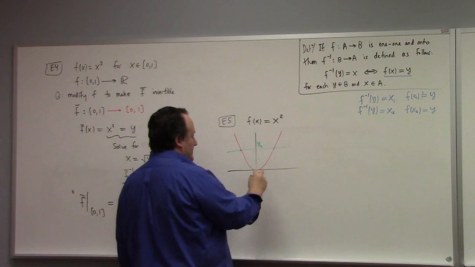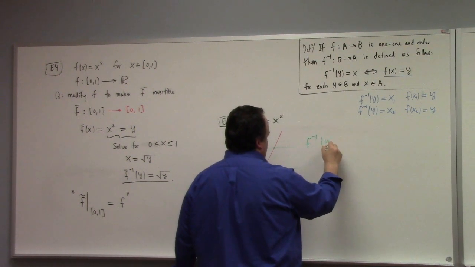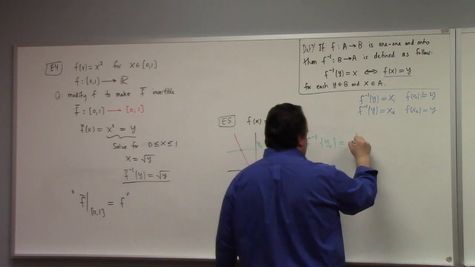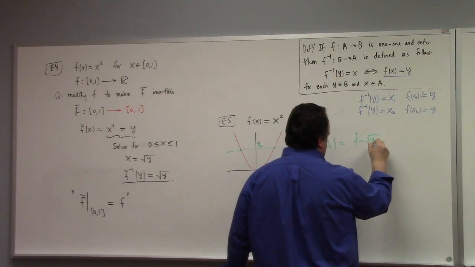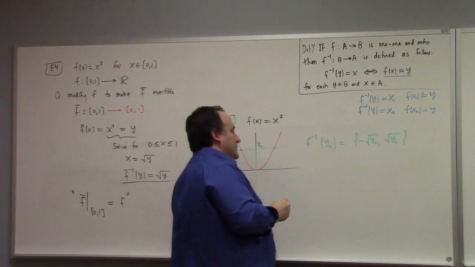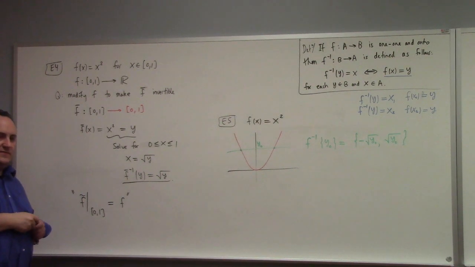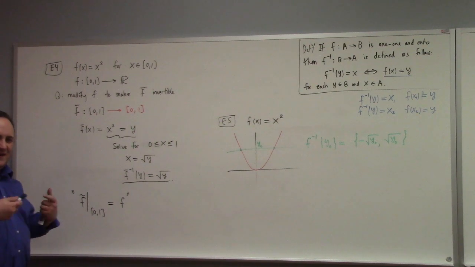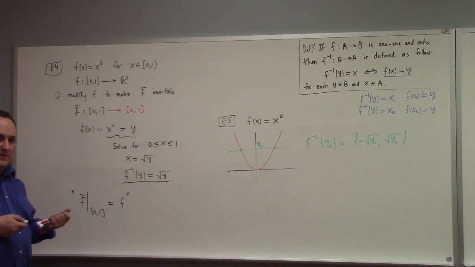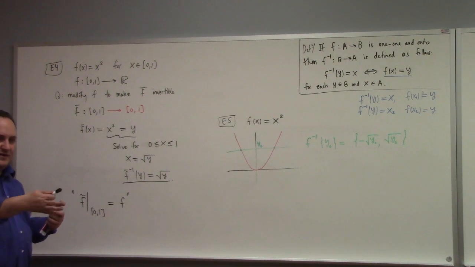F inverse of y naught, well, it's two things. It's minus the square root of y naught, and the square root of y naught. So one way of thinking about injectivity is if the inverse image of a point is not a singleton, that means it's not a 1-to-1 map. The inverse image of every point needs to be just one point in your domain to get an injection.